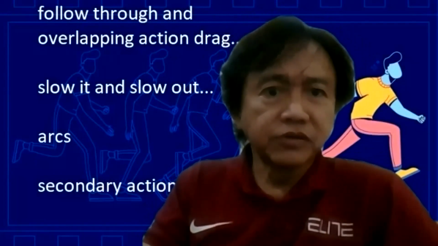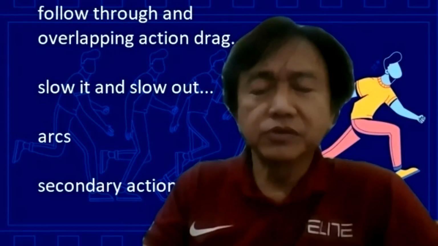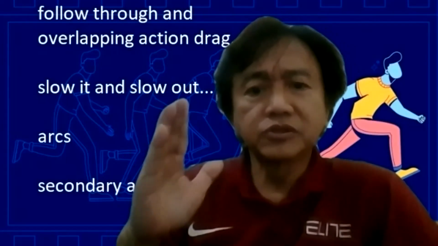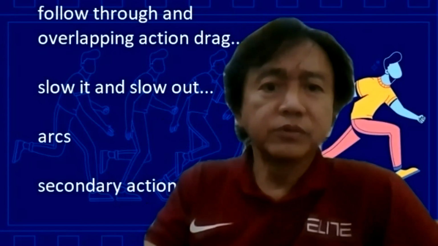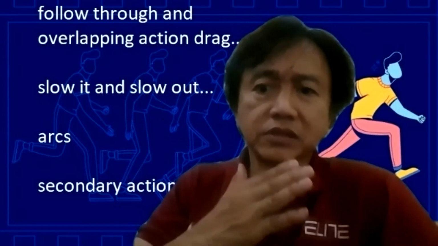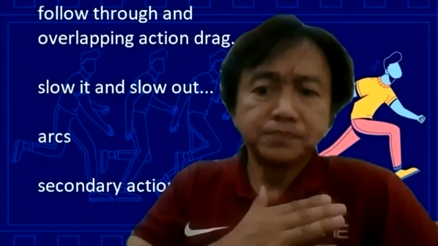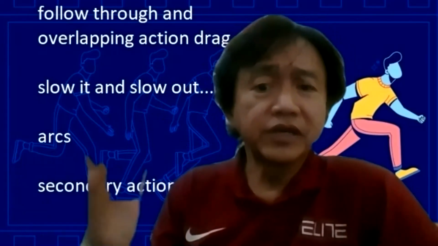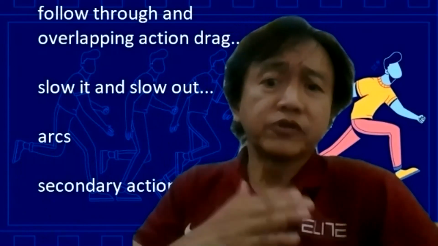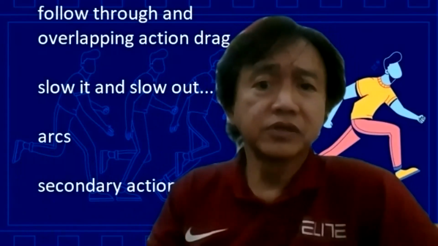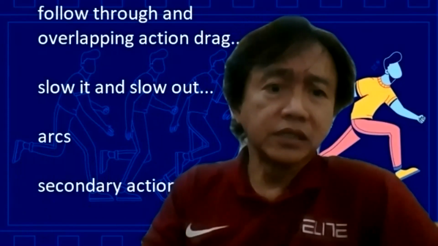So the first one is follow through and overlapping action, and there's also a sense of understanding what drag is. And the second one is after that we will look at the slow in and slow out, how the fading in and the fading out of certain animation with respect to how many frames you will have on fading out and slowing in.